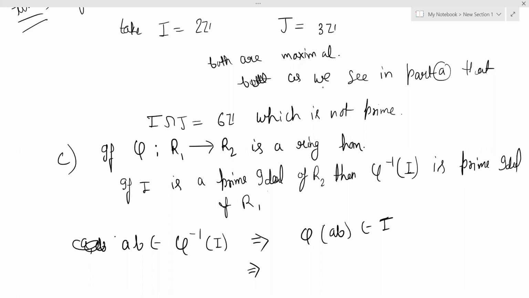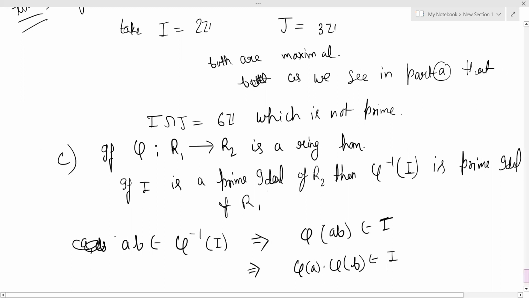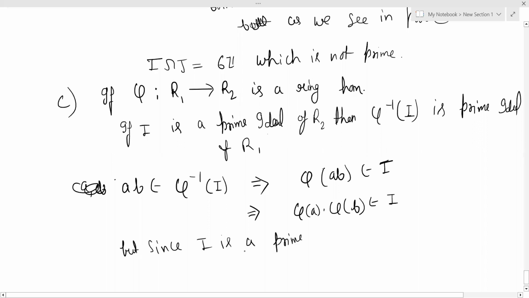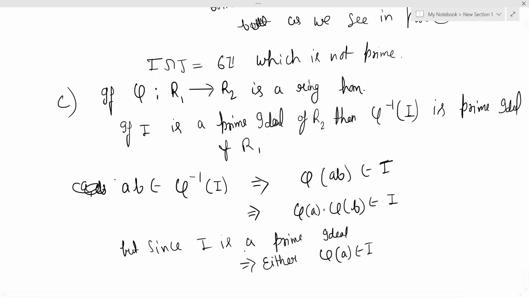AB belongs to phi inverse I implies phi of AB belongs to I. This implies phi A dot phi B belongs to I. But I is a prime ideal, given. Since I is a prime ideal, either phi A belongs to I or phi B belongs to I or both.